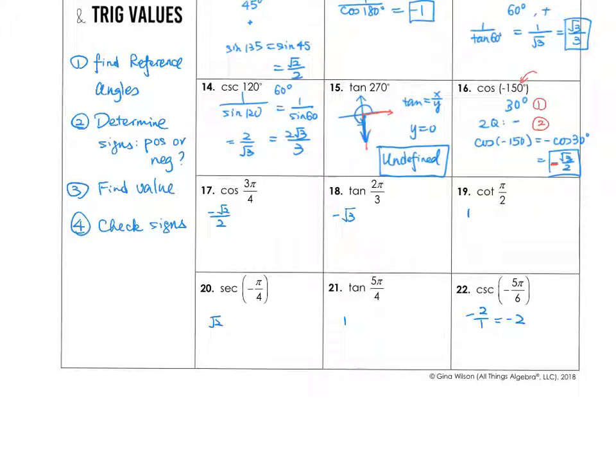Be careful with tangent of quadrantal angles. Meaning tangent 270 is undefined, right? So that's just the last thing we need to worry about.